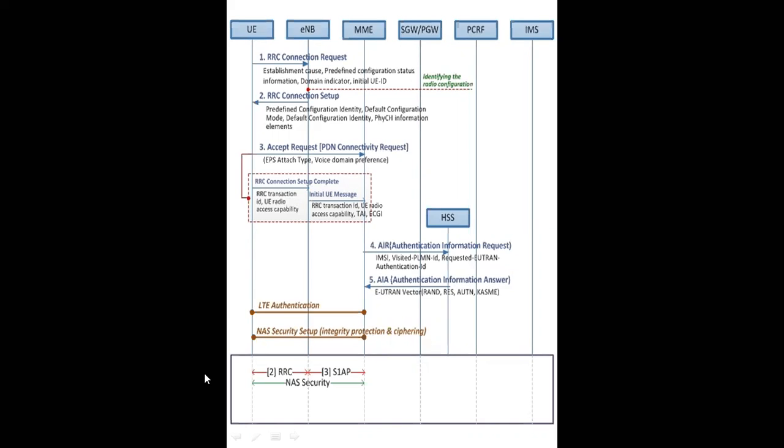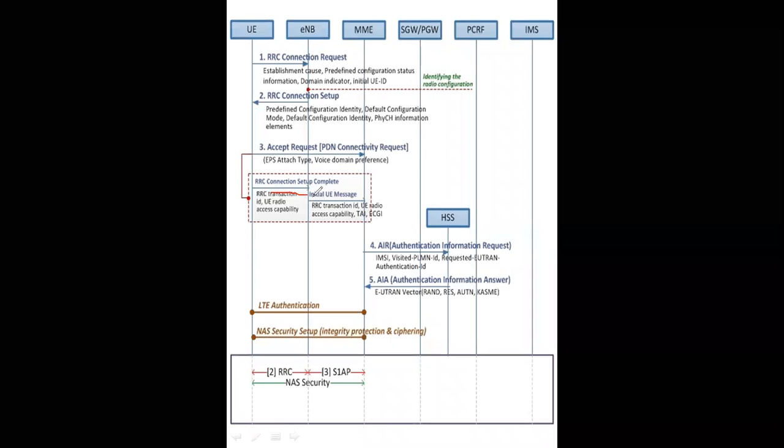In this message, the eNodeB sends the initial UE message to the MME. The eNodeB passes this information to the MME. Once the MME receives this initial UE message, the authentication happens.